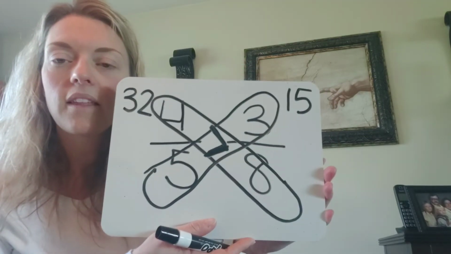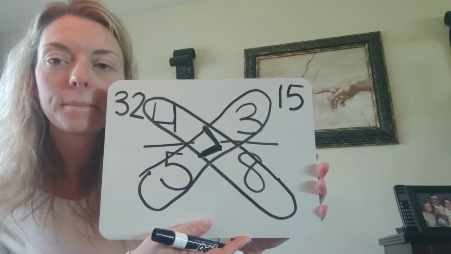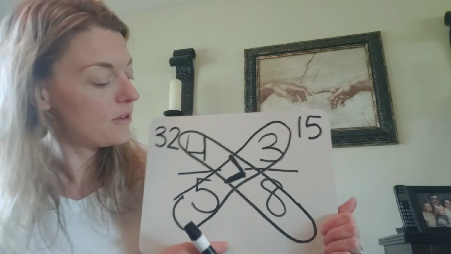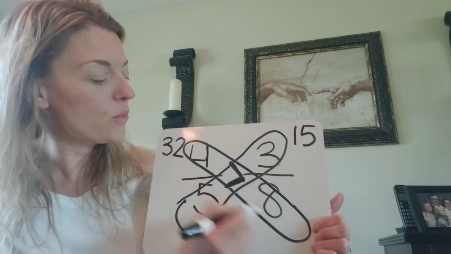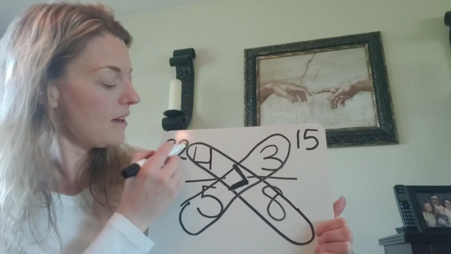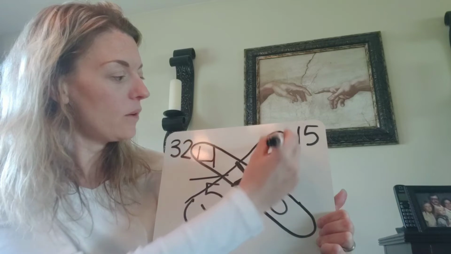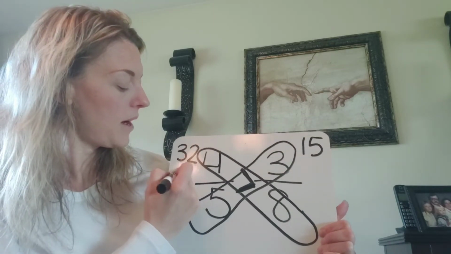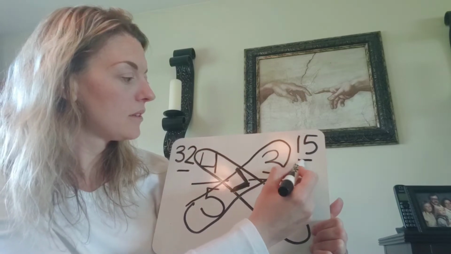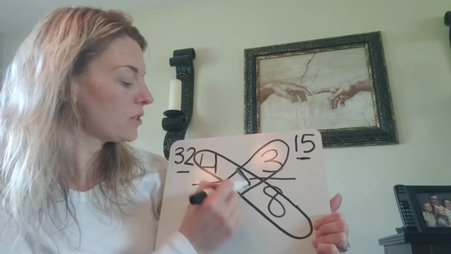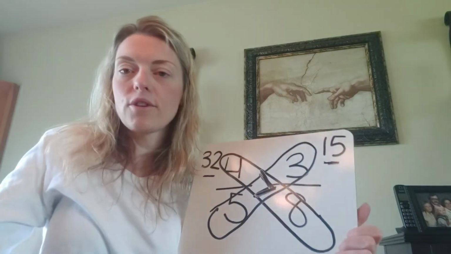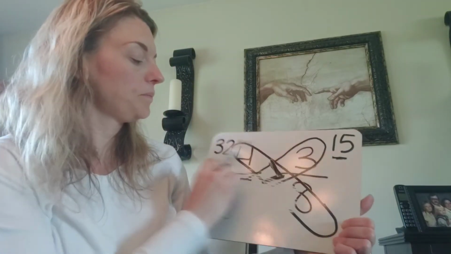Okay, check that out. It's called the butterfly method and it works every time, promise you. You're going to draw your first wing, multiply it. Second wing, multiply it. Compare your numerators. 32 is greater than 15. Let's try another one, okay?